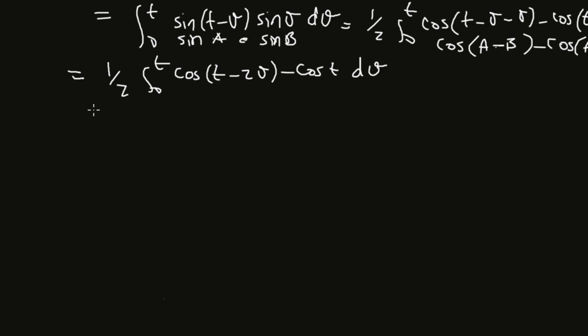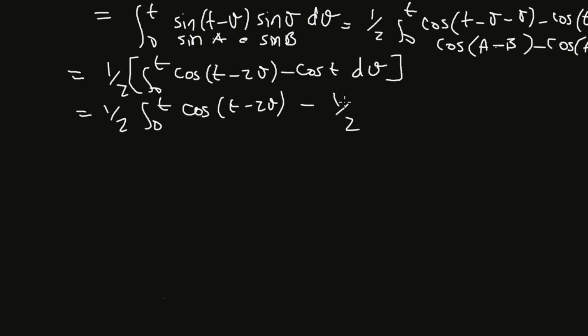I think we can split them and talk about it first. Let's do that. And of course the half is going to be distributed now, so minus the half cosine t dv.